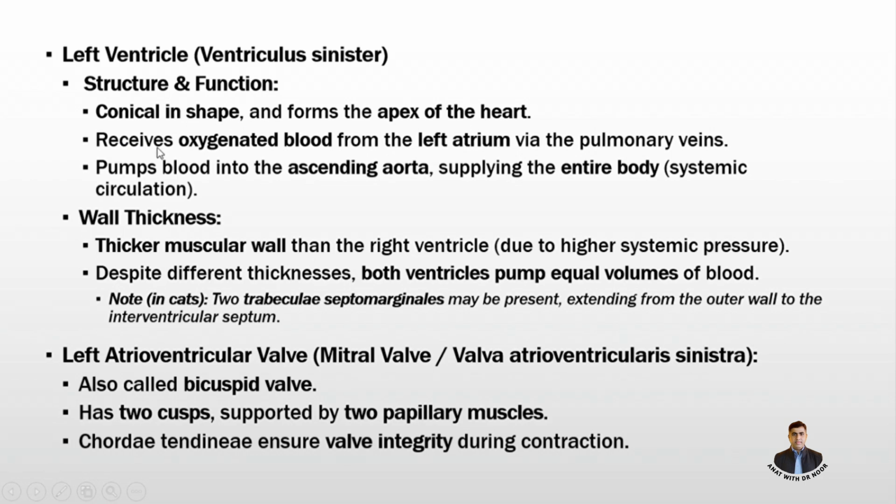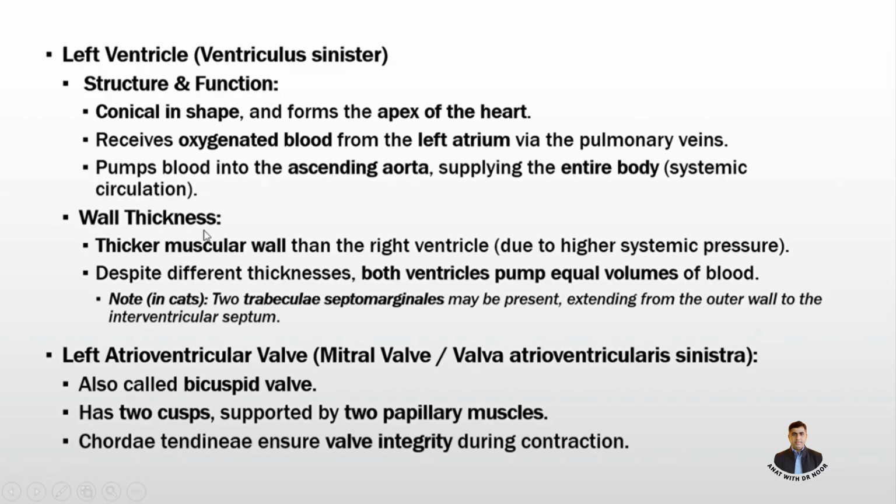It receives oxygenated blood from the left atrium via the pulmonary veins and pumps blood into the ascending aorta, supplying the entire body through systemic circulation. So the left ventricle supplies blood to all the body.